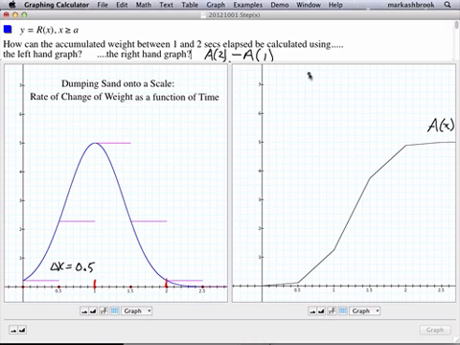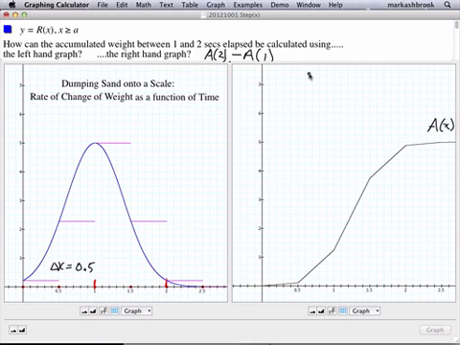She said the y value corresponding with 1. Yes, it's the output of this function. A of 1 will output the accumulation up to 1 second, and that's our y-coordinate. And A of 2 will be the total accumulation up to 2. So then you subtract.